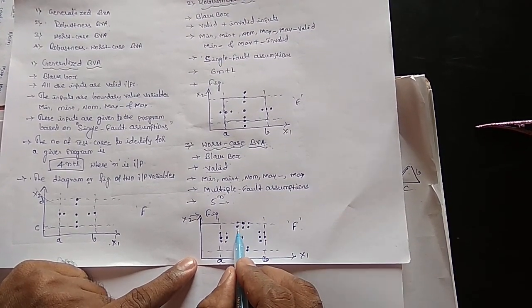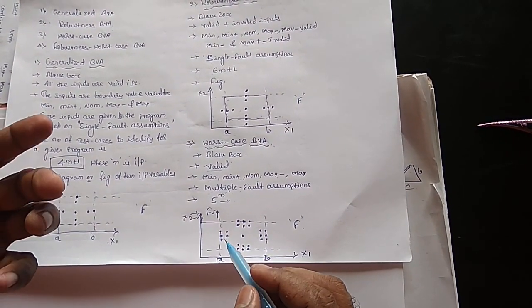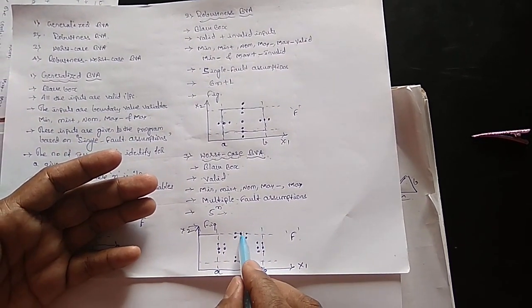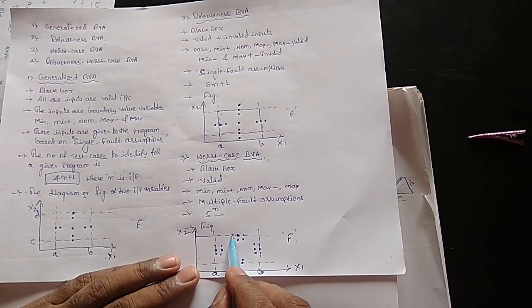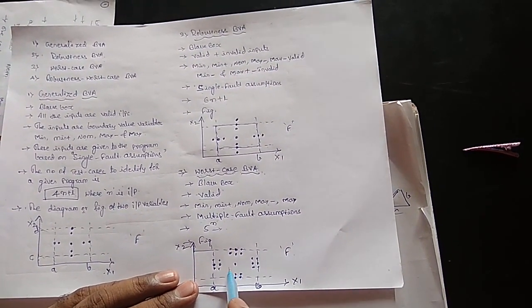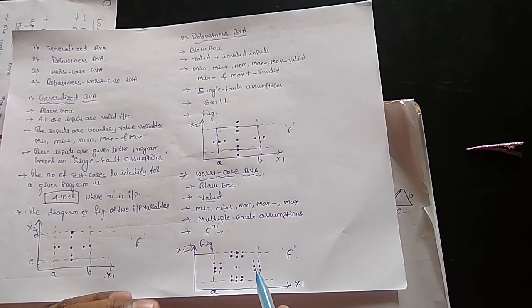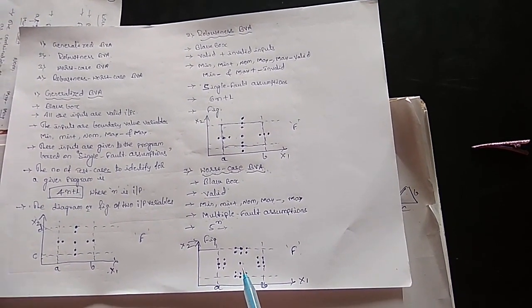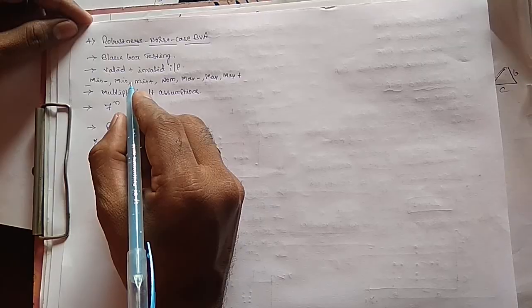It means a larger number of max minus values we are giving as the input parameter list. Two or more times we are specifying the boundary values, that is maximum, minimum, minimum plus and also nominal. Therefore this type of testing technique we call the worst case test technique.